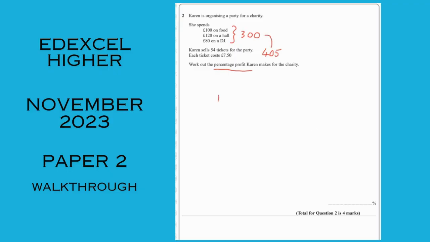So the actual profit is 105. The original amount is 300, and to change it to percentage, times by 100. So on your calcs, we get 35%.